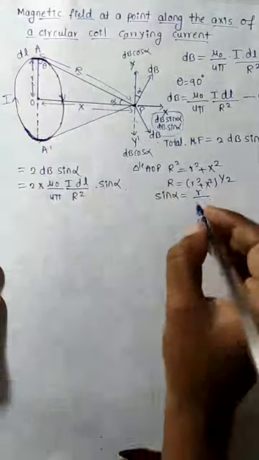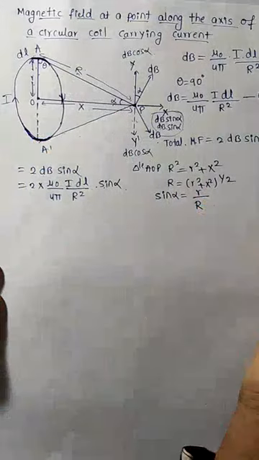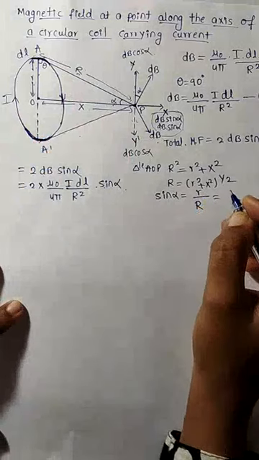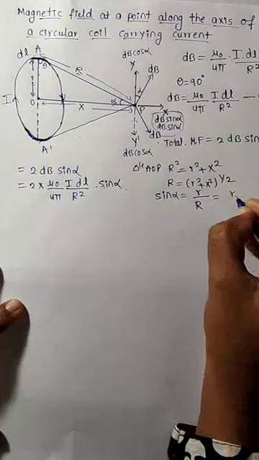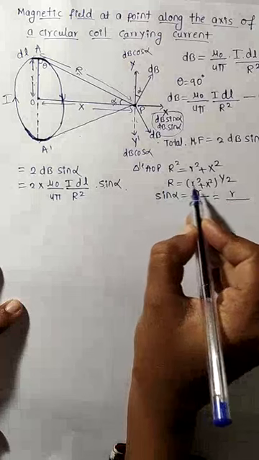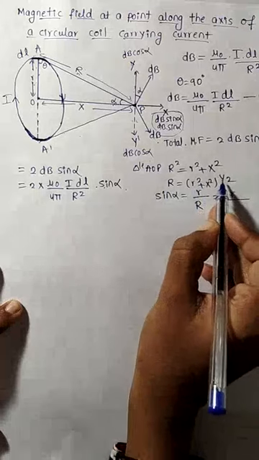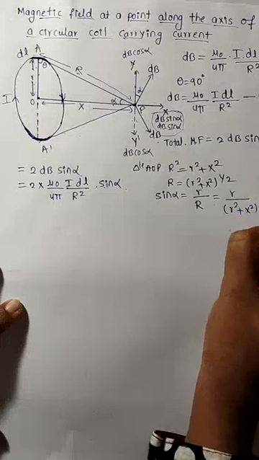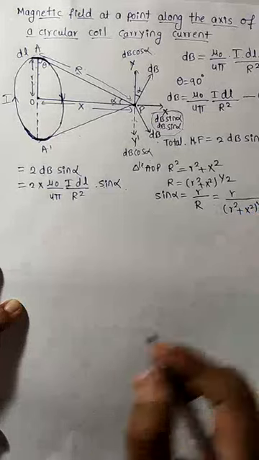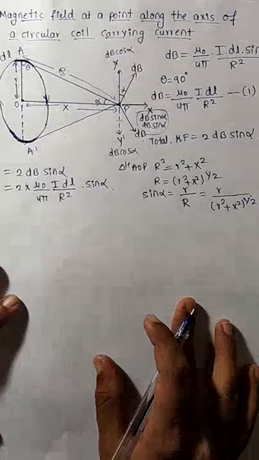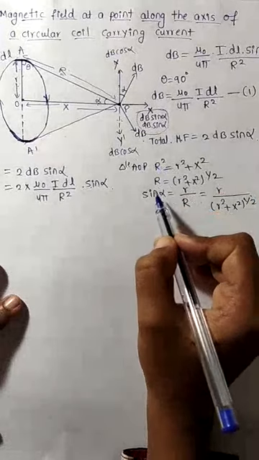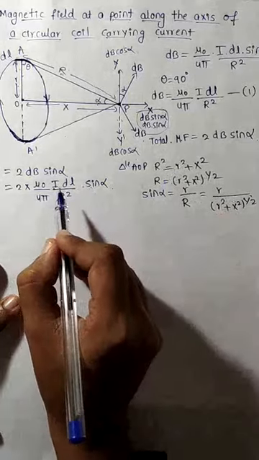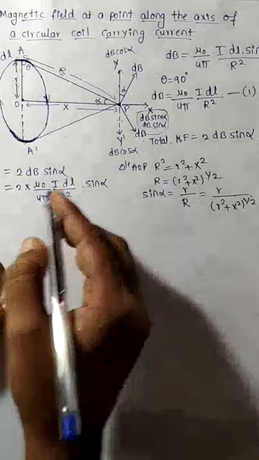Hypotenuse is capital R. So r divided by capital R, we got the value of sin alpha. So that is equal to r, I will keep as it is, divided by, and this R value we know, that is r square plus x square raised to 1 by 2. So I will substitute here, that is r square plus x square raised to 1 by 2. So like this we got the two values, one is r square and another one is sin alpha. So these two values we will substitute in this equation, the main equation.